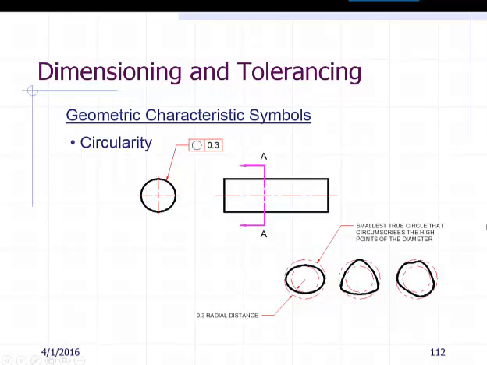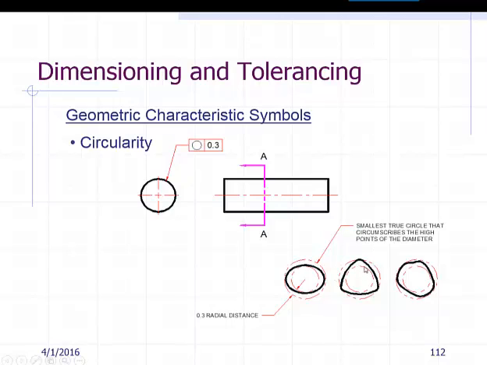So if you take a look at controlling the circularity of this cylinder here and taking a look at a cross section, all 3 of these would actually be allowable parts because they all fit within the zone. So obviously you can get pretty far out of round on some of these, so we could use a tighter tolerance to control that.